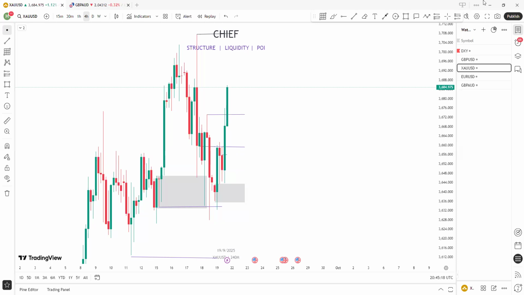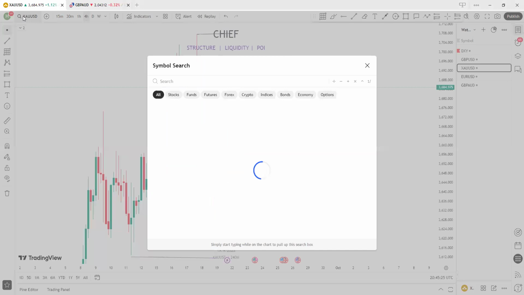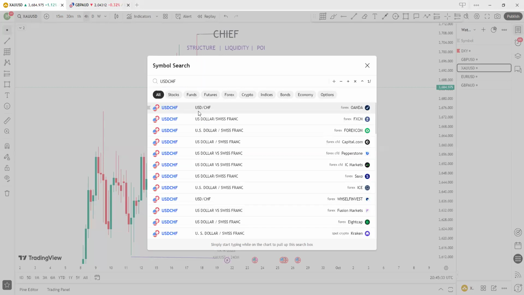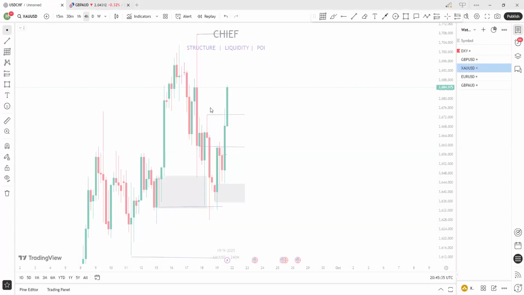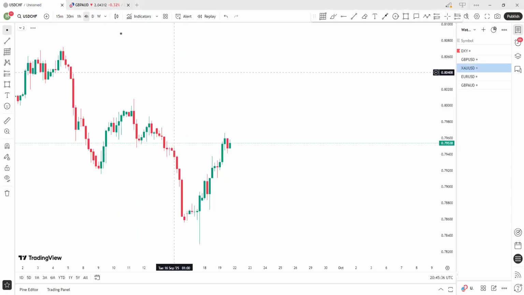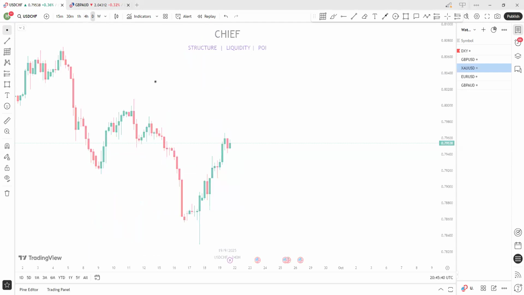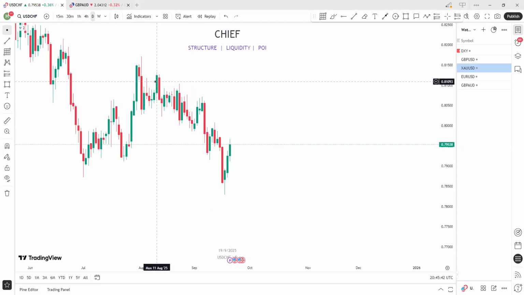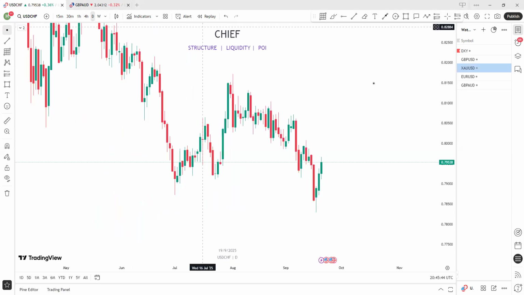USD CHF. Let's see if we can still see something like that. Let's go there. All right, let's check into it. Very straightforward. That's the price action I expect.